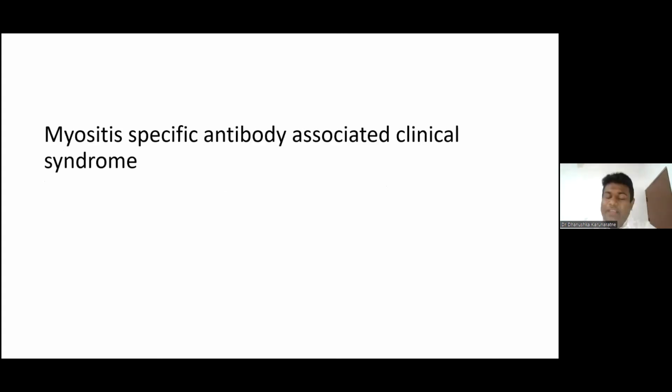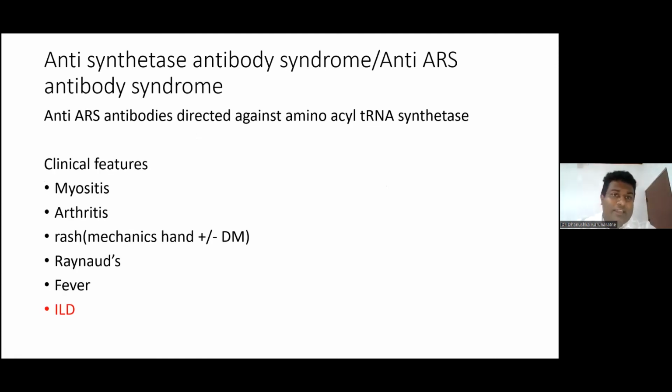And again, going back to myositis-specific antibodies, we'll take a look at their clinical implications or the associated clinical syndromes. The commonest and most popular one being the anti-synthetase antibody syndrome, which is also known as anti-ARS antibody syndrome. The characteristic feature immunologically here is the presence of anti-ARS antibody, which are directed against the aminoacyl tRNA synthetase.